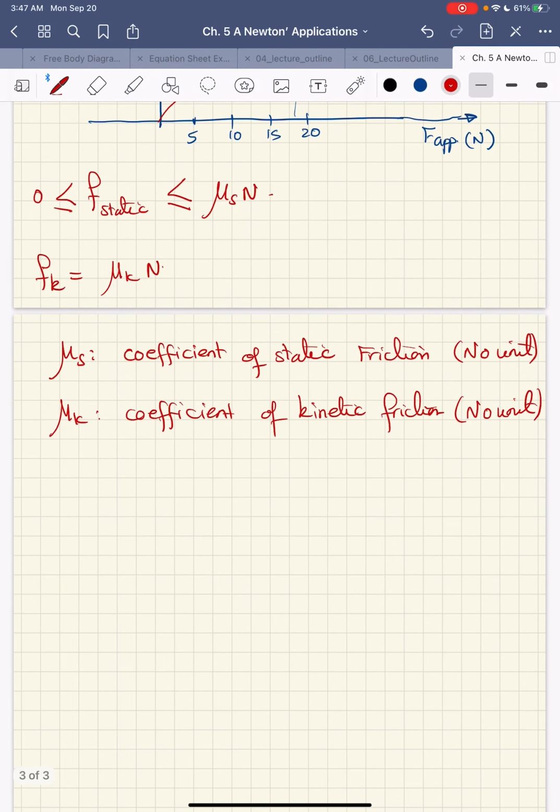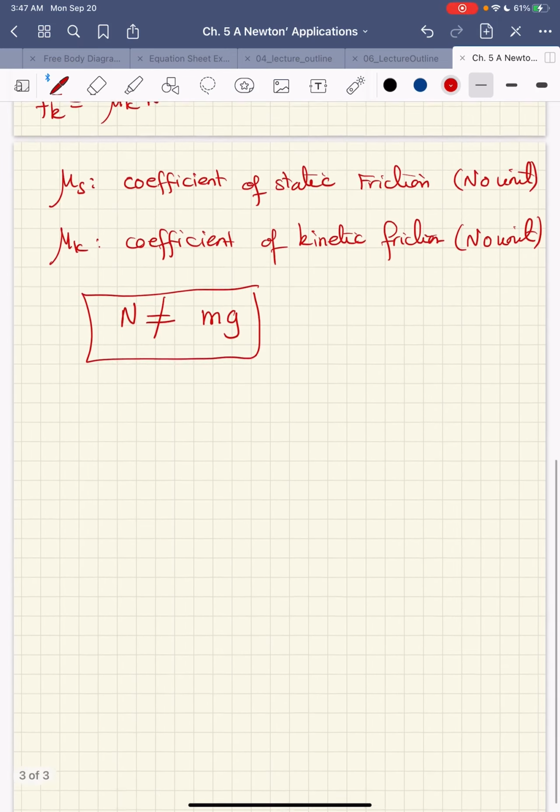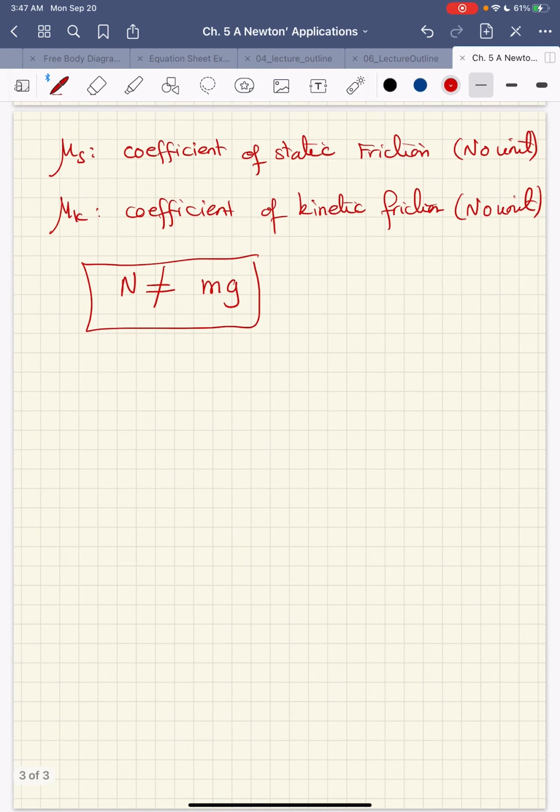Here I want to remind you that normal is not always mg, because we have situations where it might be equal to other forces. Let me give you the easiest one, so that when I have my object on an inclined plane like this. Okay.